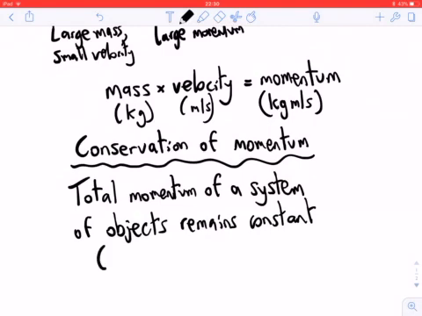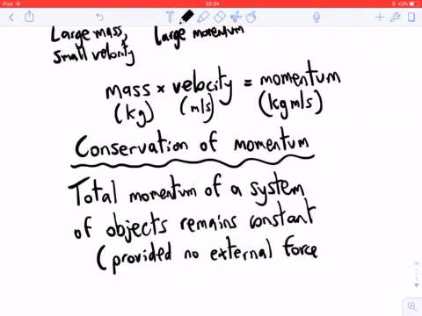Incidentally, that isn't always true. It's only true if there are no external forces acting. Imagine a billiard table that was sloping, then all the balls would start to roll, so the momentum of the system of bodies would increase as they roll down the slope. So in this case, we've got an external force, the weight, the force of gravity, which is pulling the balls down the slope.